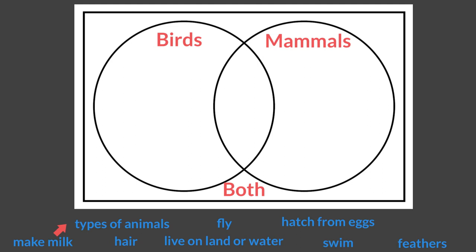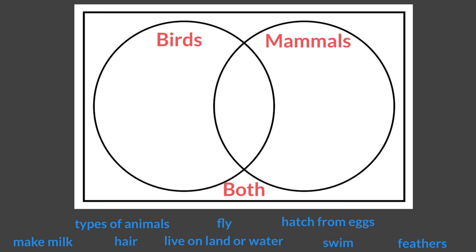First, we have types of animals: fly, hatch from eggs, make milk, hair, live on land or water, swim, and feathers. Your job is going to be to decide if the detail should belong in the bird section, the mammal section, or the area in the middle that means both birds and mammals.